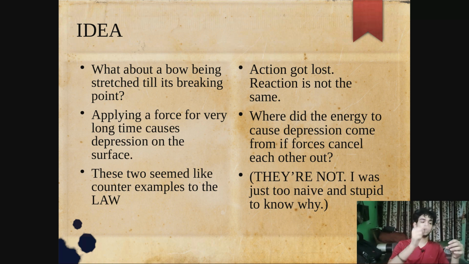I have a bow and this is a thread. When I pull the thread, my bow stretches. When I pull the thread to stretch my bow and then I release it, this stretching was action and releasing and that going back was reaction. This is action, the recoil is reaction.